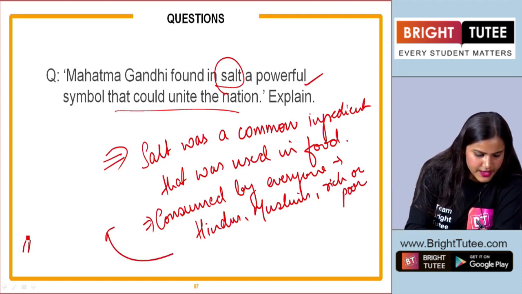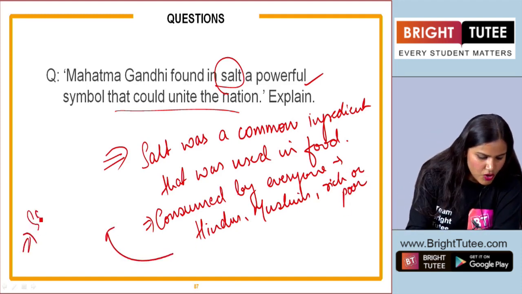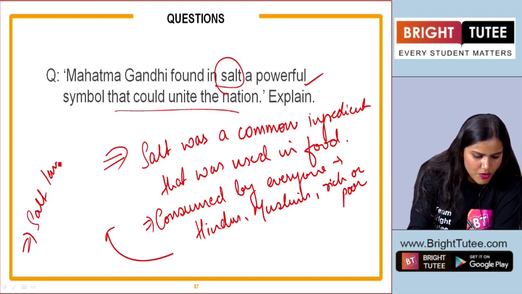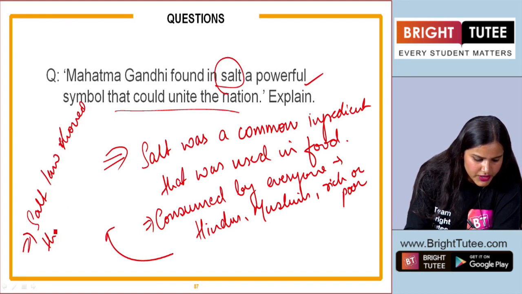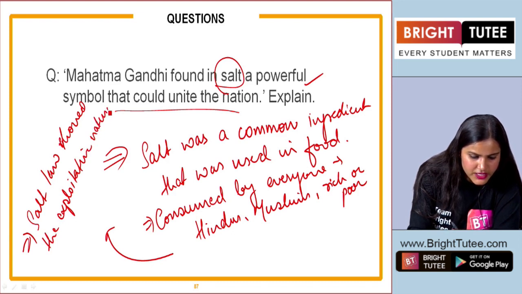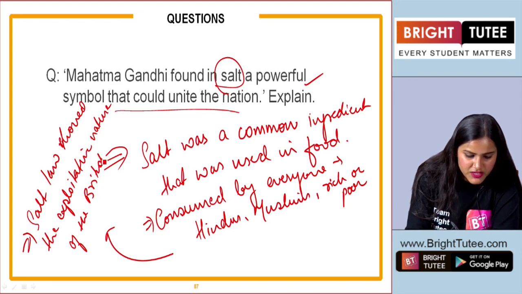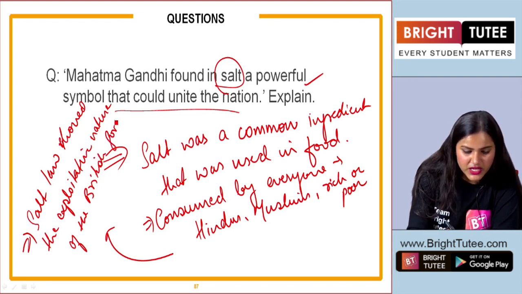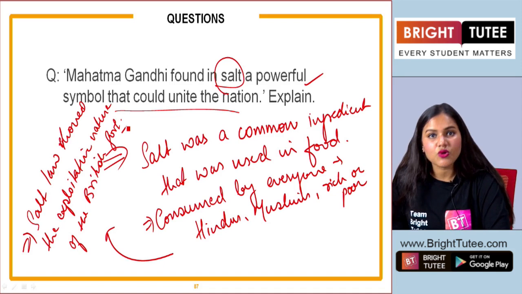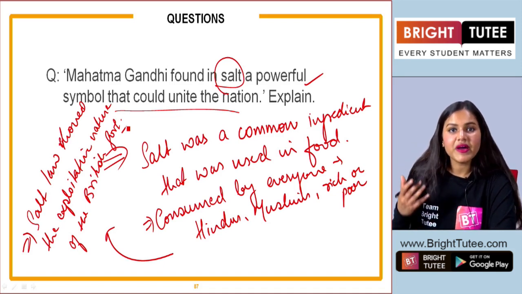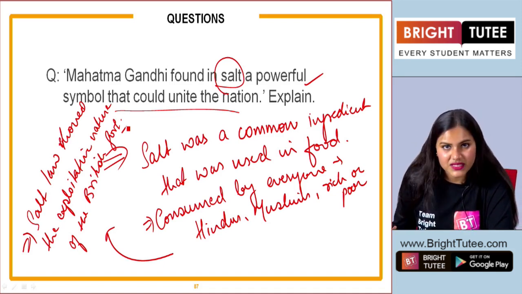So, he found that the salt law showed the exploitative nature of the British government. The most repressive measure that the British government could ever take was imposing tax on salt that was consumed by everyone on a daily basis, right?